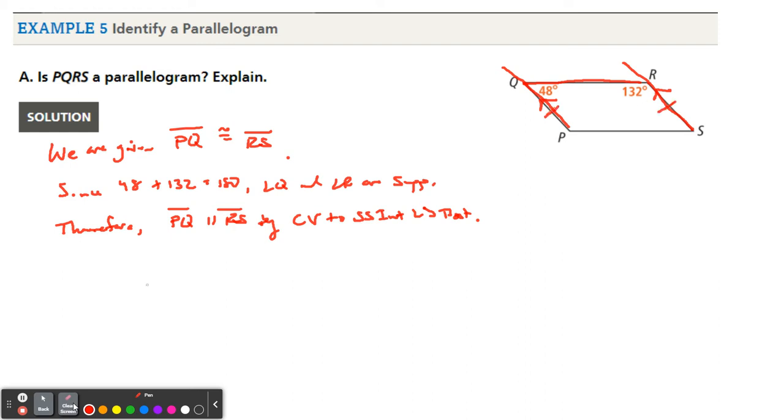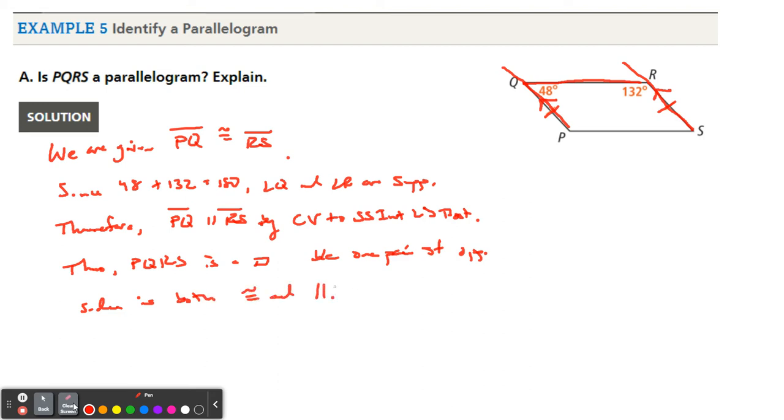That's your new theorem. So thus, PQRS is a parallelogram because one pair of opposite sides is both congruent and parallel. And there we go.